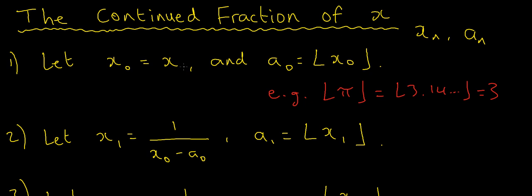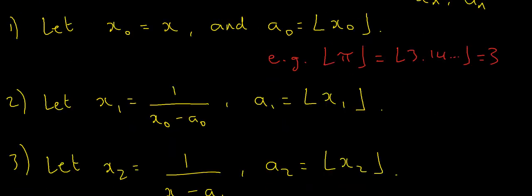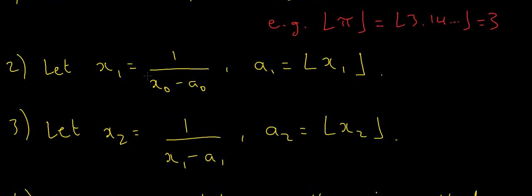Okay, so once we've written down x0 and a0, then we move on to the next step. The next step says we set x1 equal to 1 divided by x0 minus a0. So using these x0 and a0 terms we found in step 1, we can now define x1. And we're going to set a1 to be the floor of x1. So once we found x1, we just take the floor of that number to find a1.